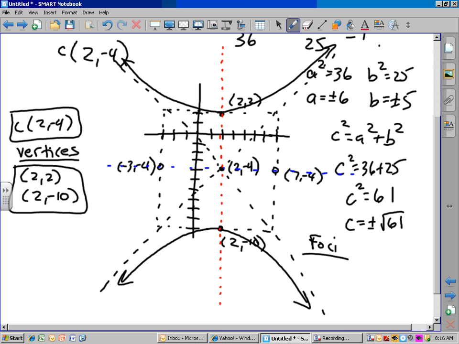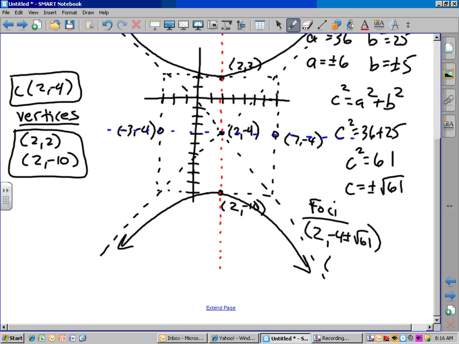The center is 2, negative 4. I'm going to add to which one? The x or the y coordinate? The y. We're going vertically, right? So we're going to take 2, negative 4 plus or minus the square root of 61. And I need some decimals on that.